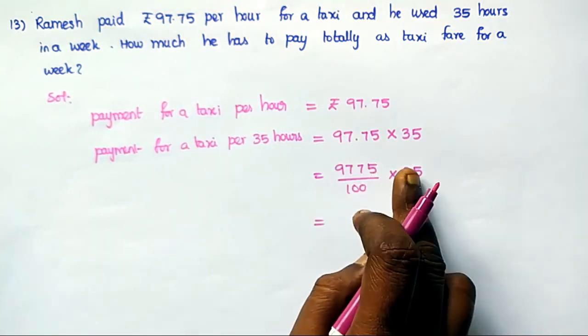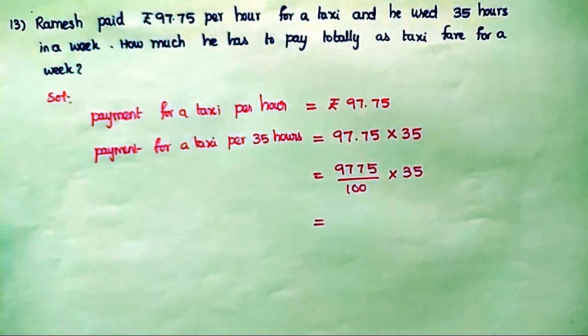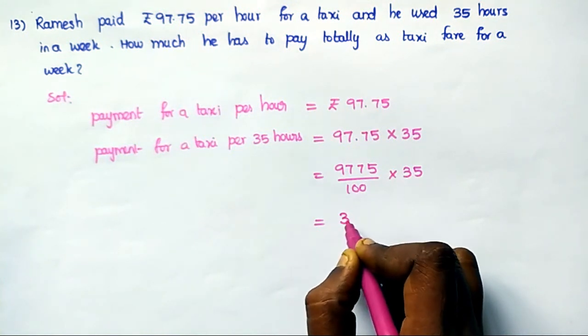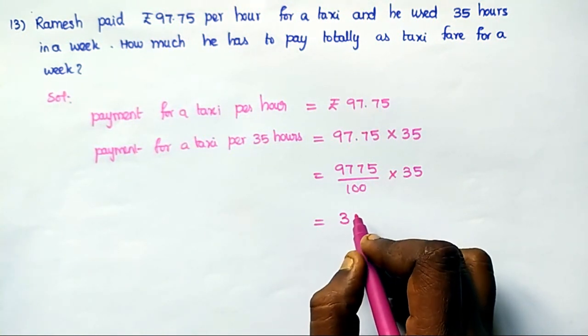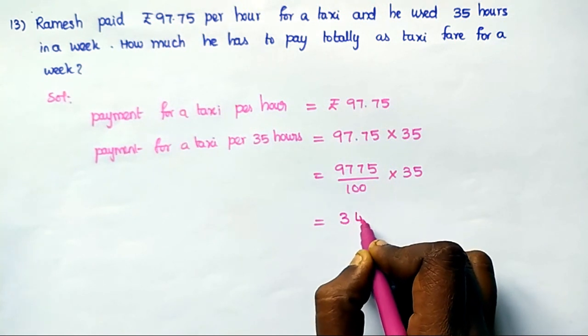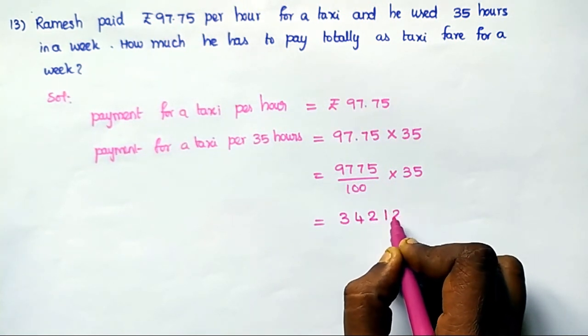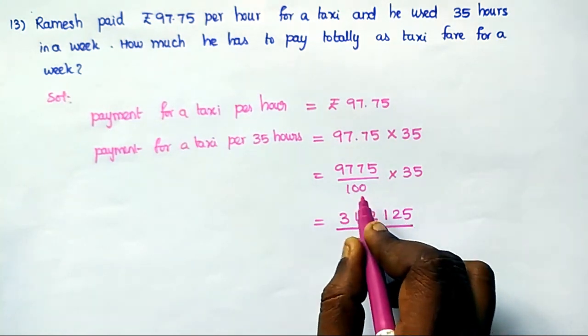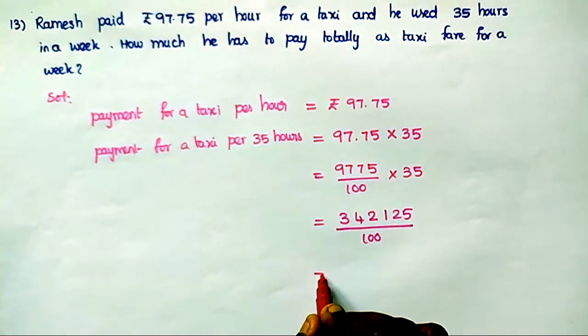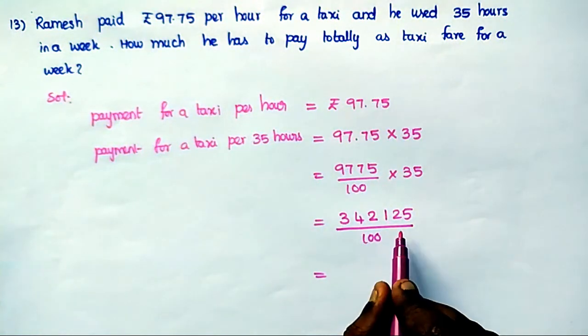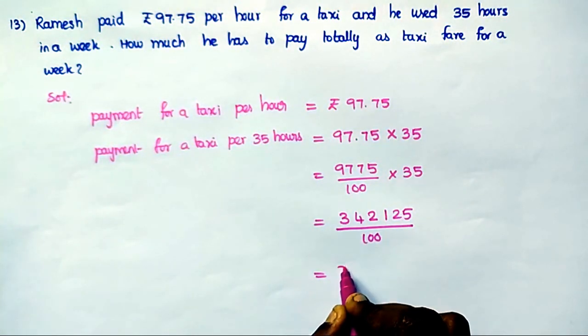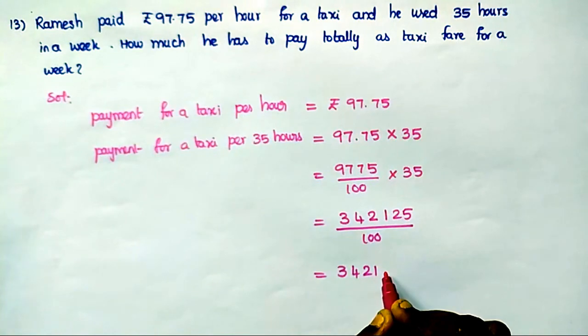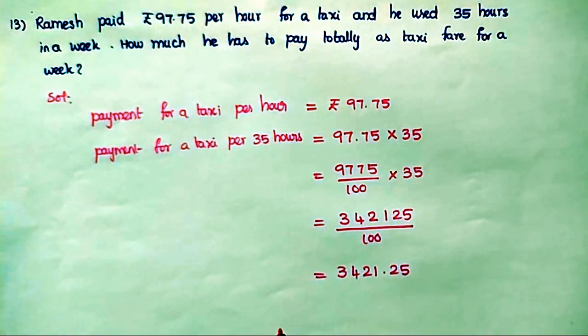Multiply these two numbers. 9775 into 35 means we get 3,42,125 divided by 100. Before 2 digits we have to keep the point, means 3,421.25, that 25 rupees.